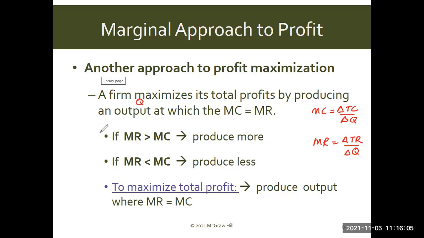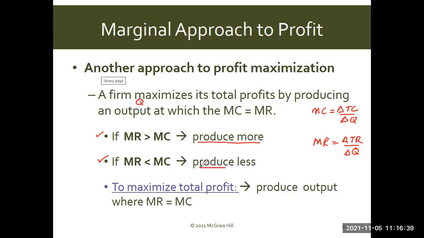So here, if marginal revenue, or in other words, if the incremental revenue we receive from selling one more unit of our product is greater than the incremental cost of making that one more unit, why wouldn't we produce more? The marginal revenue we're getting is greater than the marginal cost of producing it. Likewise, if the marginal revenue we get from selling one more unit of product actually turns out to be less than the marginal cost of making that one more unit, we wouldn't produce it.